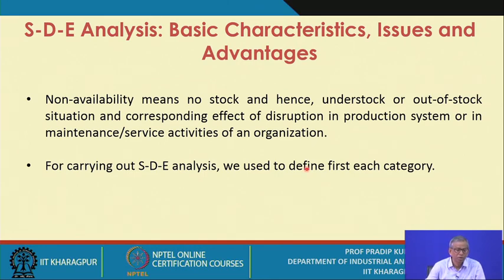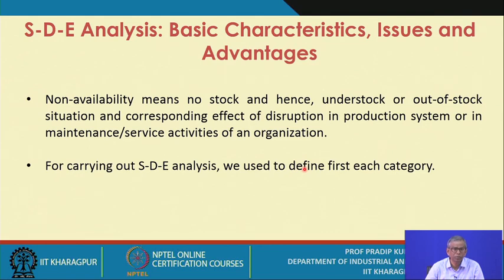So non-availability is a serious problem, because it will not only negatively affect the production system, but it also affects the service systems or the maintenance systems.